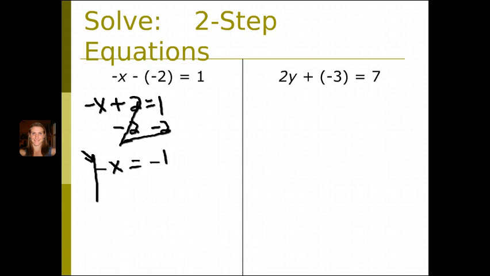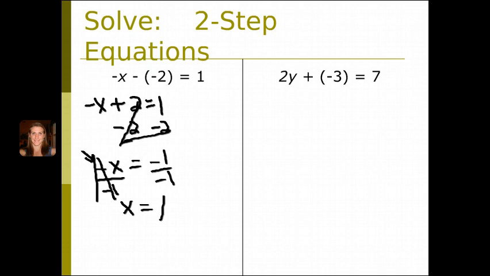So what we must do is divide by negative 1, because currently x is being multiplied by negative 1. To undo multiplication by negative 1, you divide by negative 1. Our negatives cancel. We're left with x equals, and negative 1 divided by negative 1 is positive 1.